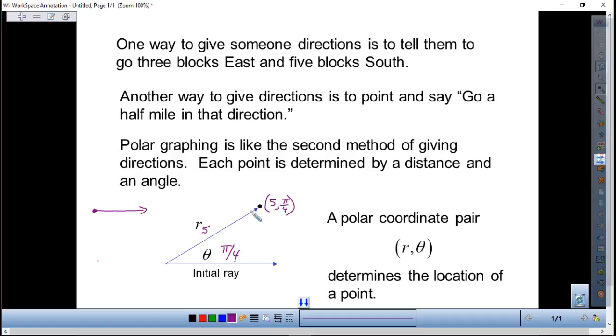So the radius and then the angle, theta. So that's how we would define this one point right here. It's not this whole drawing, it's just that point. 5, pi over 4 is the coordinate definition of what that point right there occupies.